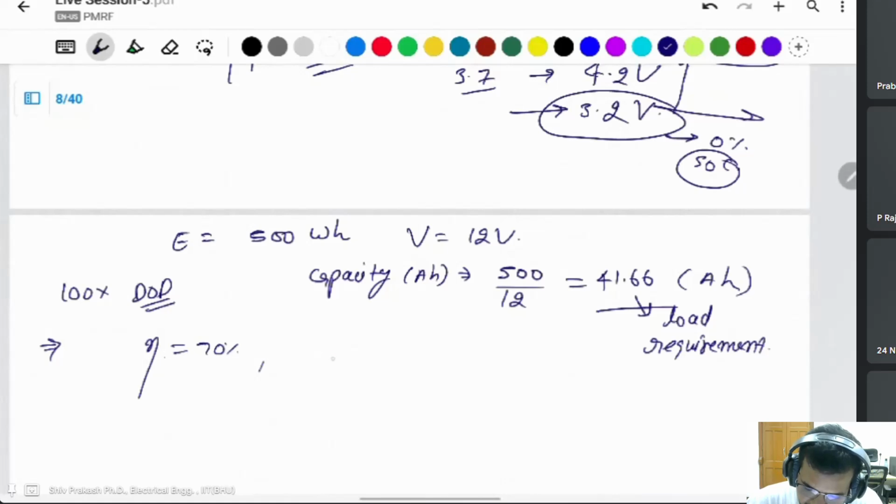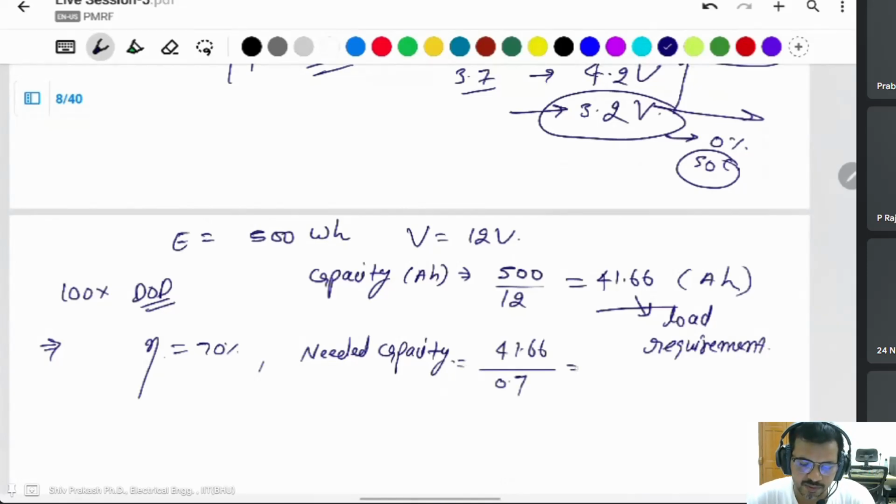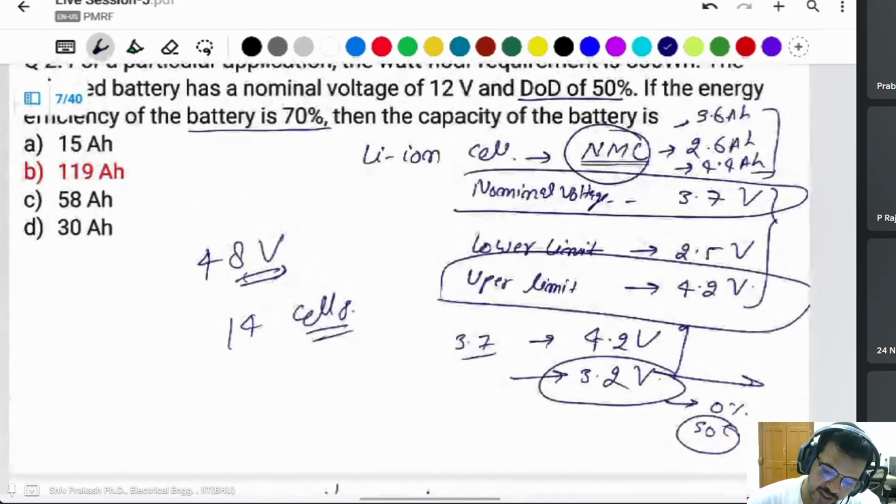Then simply the needed capacity is 41.66 divided by the efficiency, 70%. It will be 59.51 AH. This amount of battery is required when the DOD is 100%, but the DOD given is 50% only.